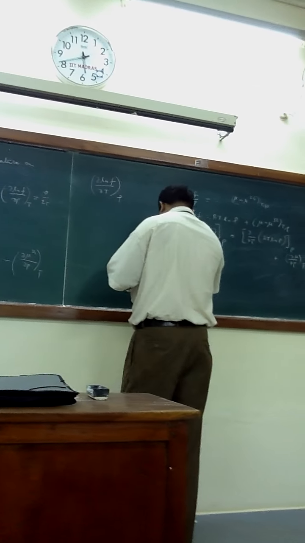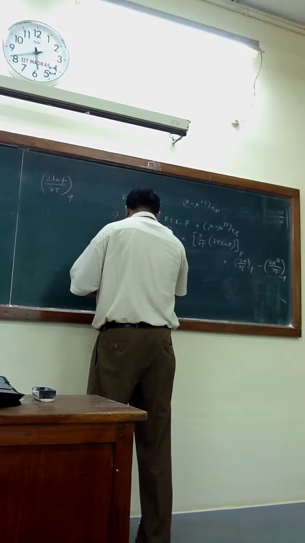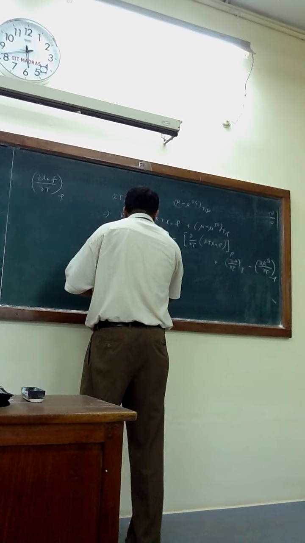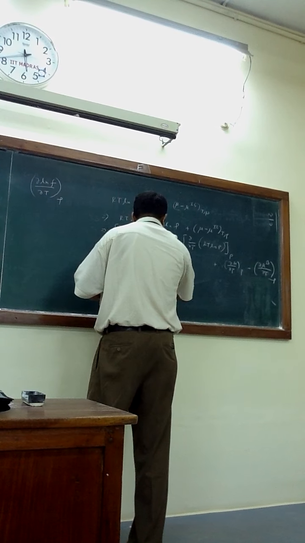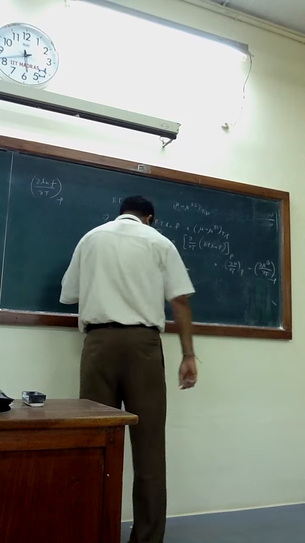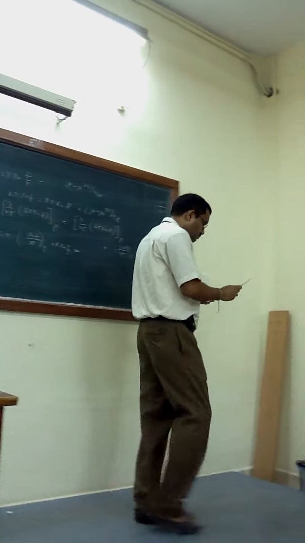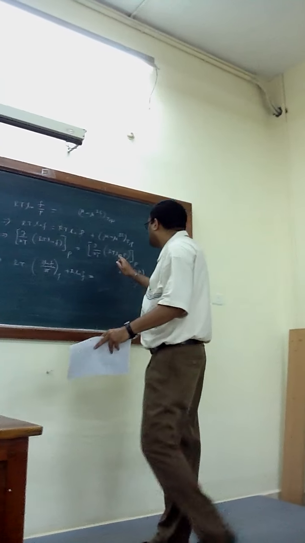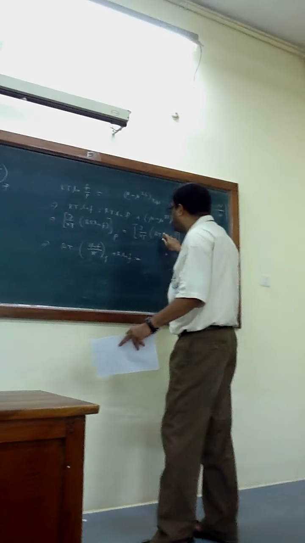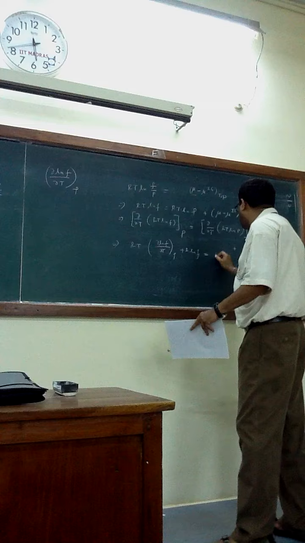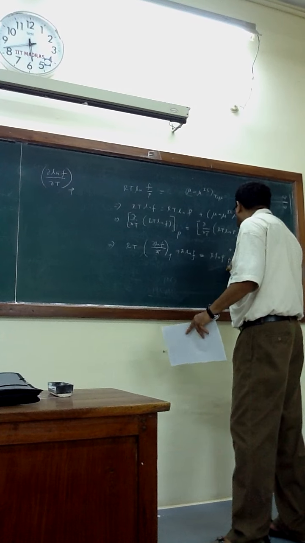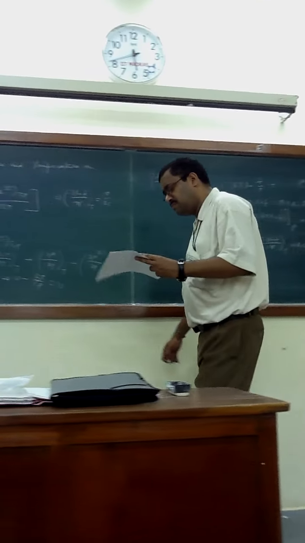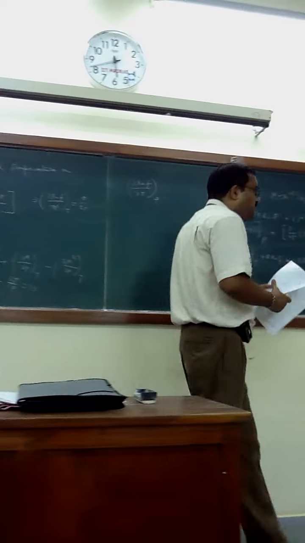RT dou ln F by dou T at P plus R ln F equals, since ln P is constant with respect to temperature because P is constant, R ln P. Am I correct?